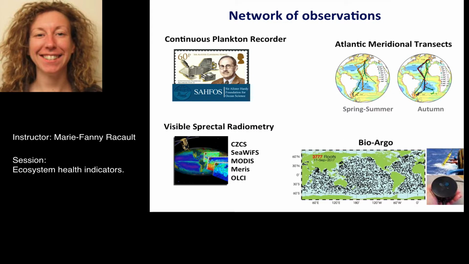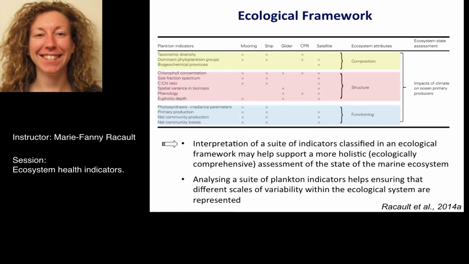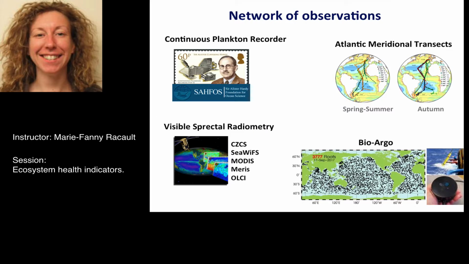The list is not exhaustive, but it's just to give you an idea of some of the indicators that can be estimated from mooring sites, ships during research cruises, gliders or Argo floats based on an optical sensor, continuous plankton recorder, and satellite observations.